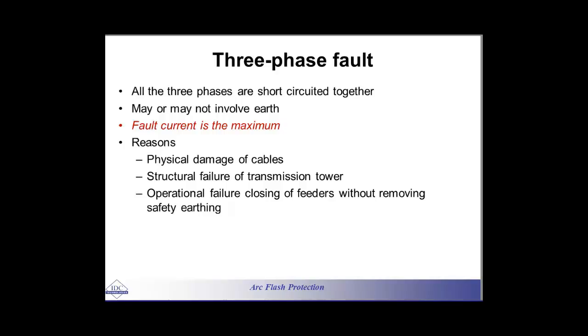But sometimes, for your information, the three-phase fault current is lower than the single-phase to earth fault. What's the reason? Because the amplitude of fault current depends on the impedance between the source and the fault point. It depends on what kind of impedances are between the two.